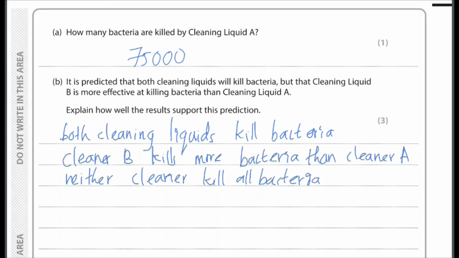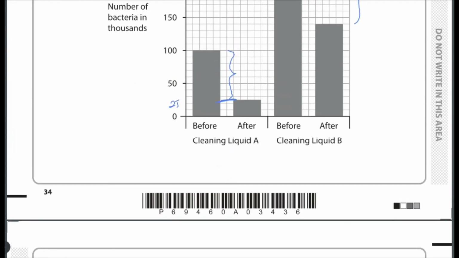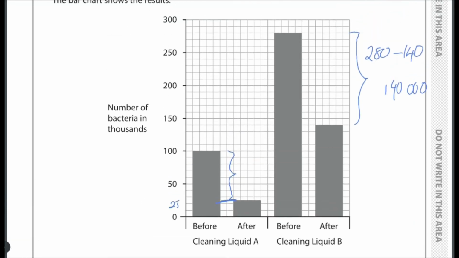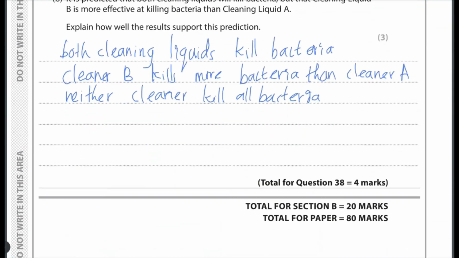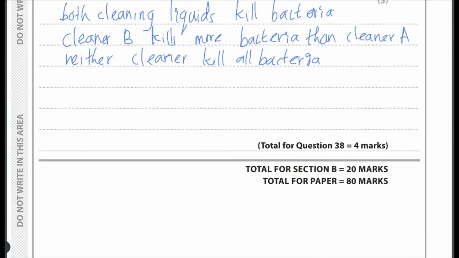And we can say cleaner A kills 75% of the bacteria, but cleaner B kills only around 50% of it. Or you can talk with the amounts as well. Initially here it is 100 and it goes down to 25, so that means 75% is dead. And here it is 280, decreased to 140,000, which means only 50% decreased.